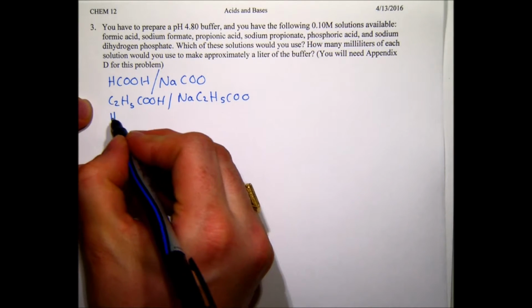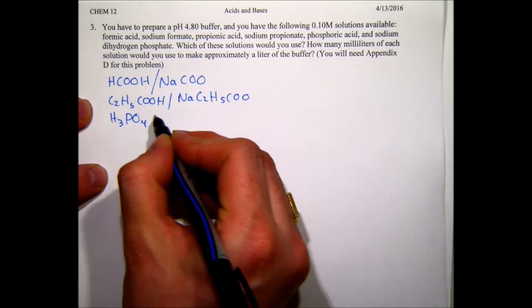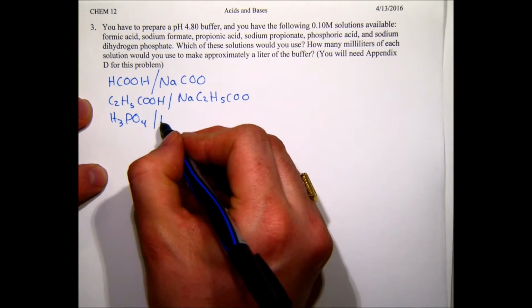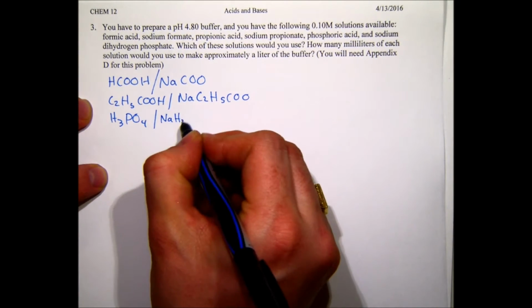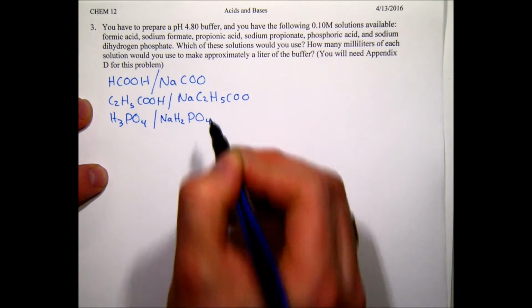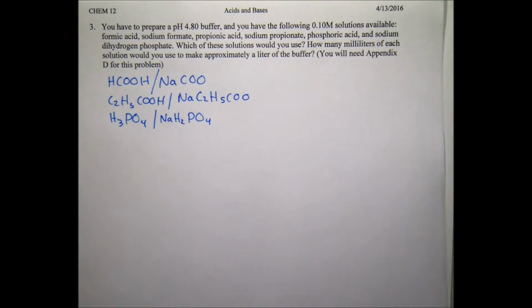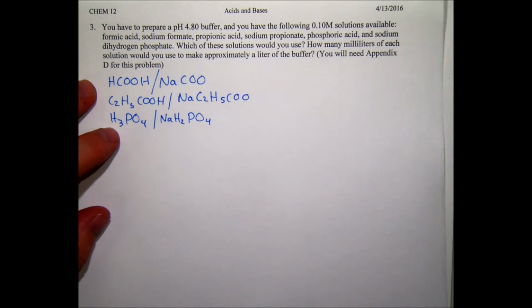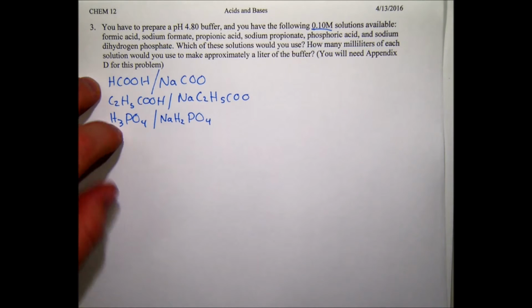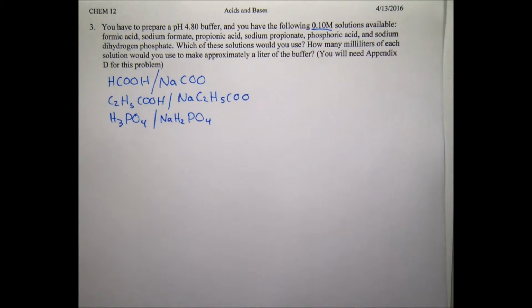And we have phosphoric acid and sodium hydrogen phosphate, sodium dihydrogen phosphate specifically. So you have these 3 pairs, and you have them present in the concentration of 0.1.